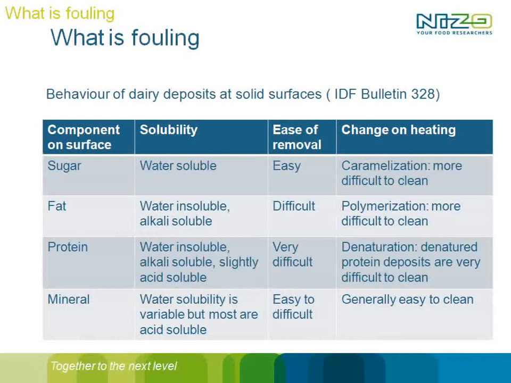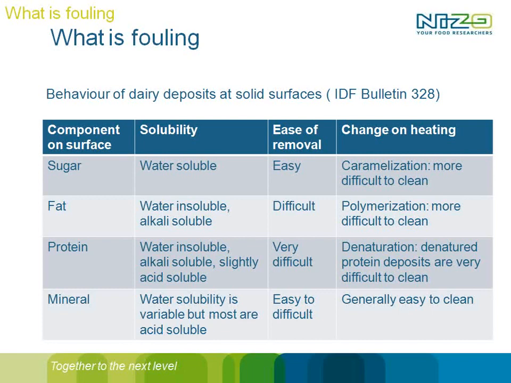Okay, so far NIZO. Now we go back to the webinar about fouling and about cleaning in place. First of all, as we said, know your enemy, so it's important what fouling is exactly, and what type of fouling is occurring in your equipment. We made this overview table in which we look at four different types of fouling, the more protein and mineral fouling.